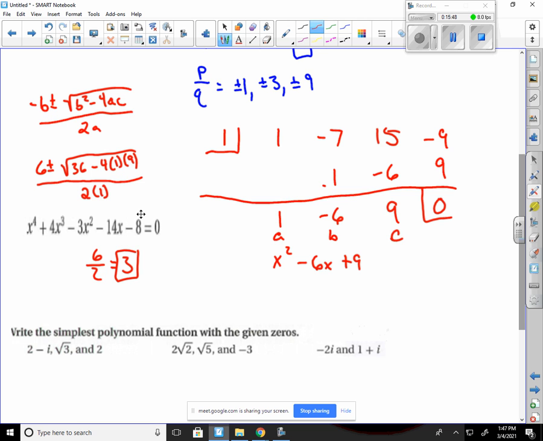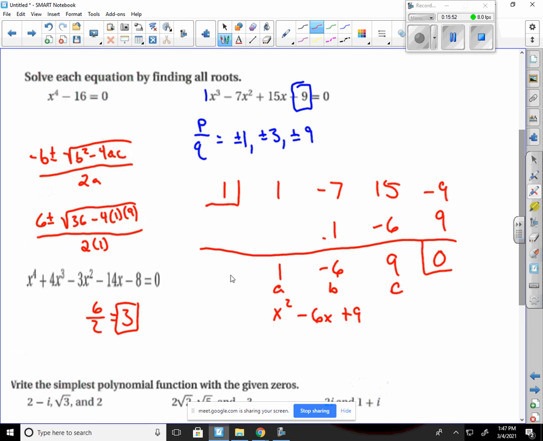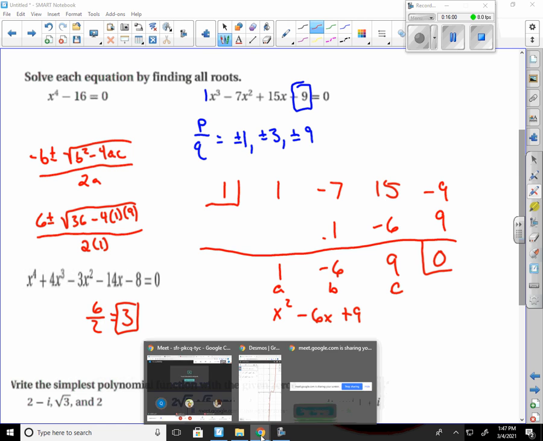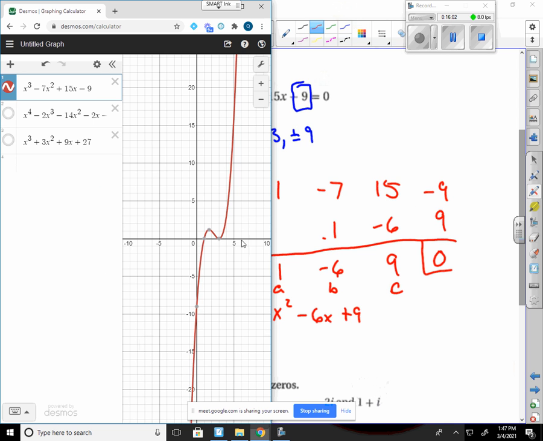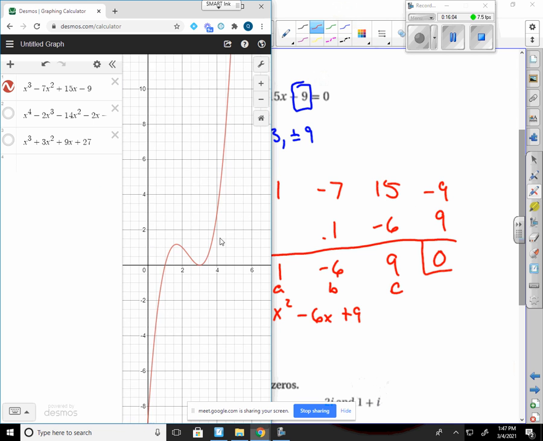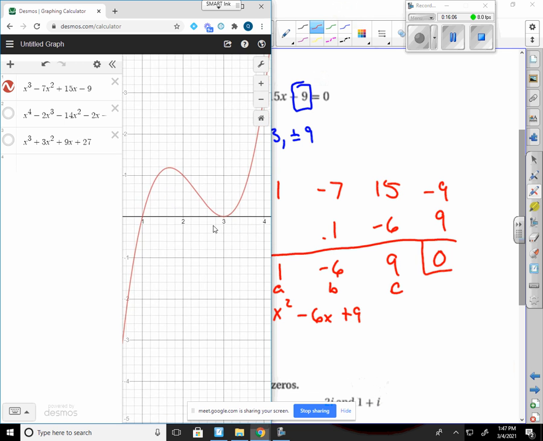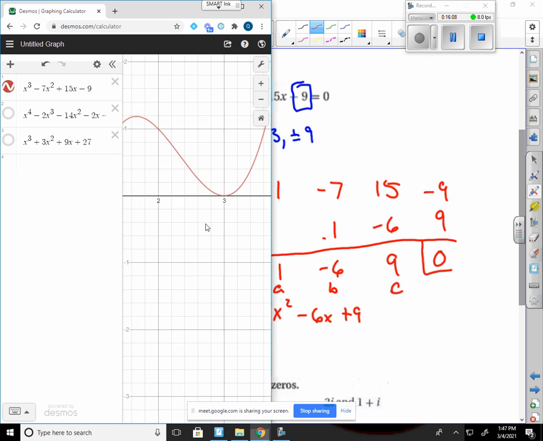And so now I've really only come up with 2 roots, right? And we've always said that we have to have the same amount of roots as my exponents, right? So I should have 3 roots, but I only have 2 here. If I look back at my graph, remember that we have examples of multiplicity.